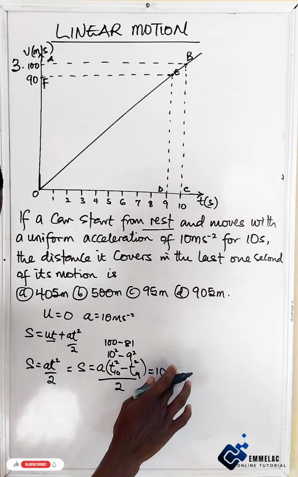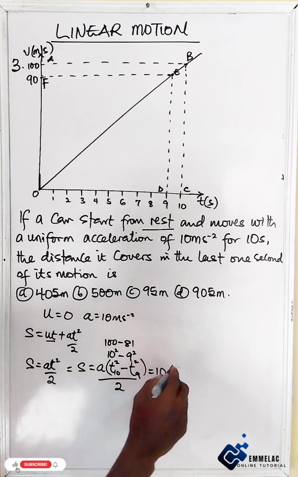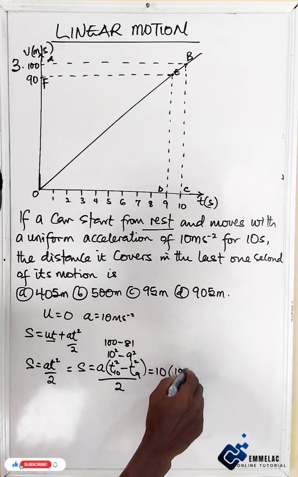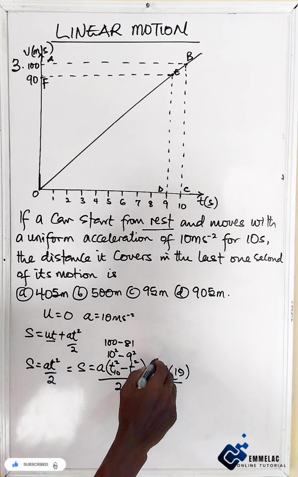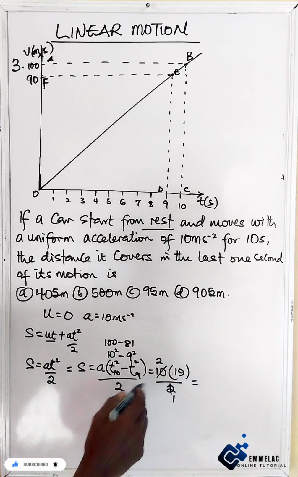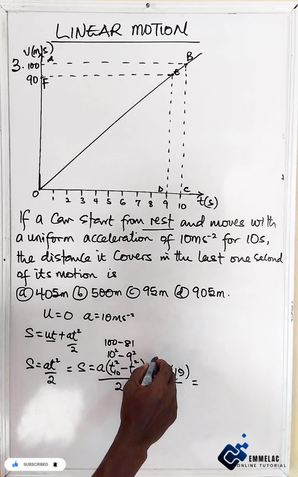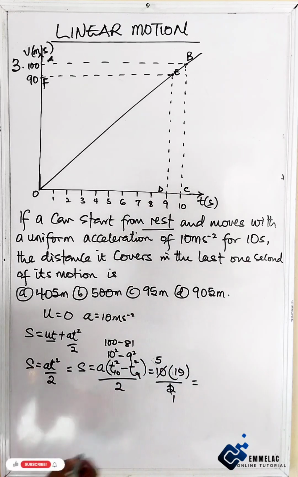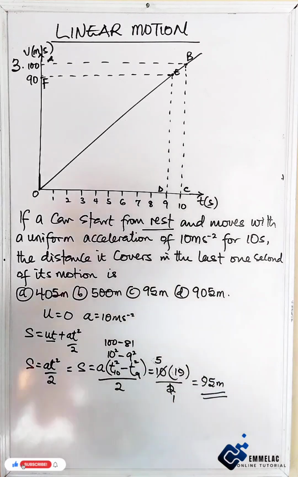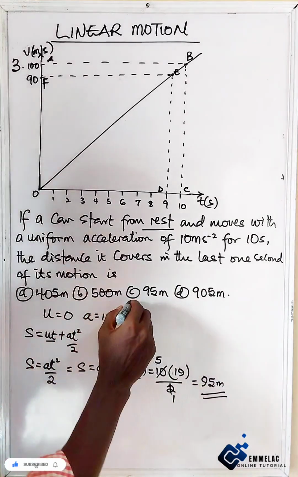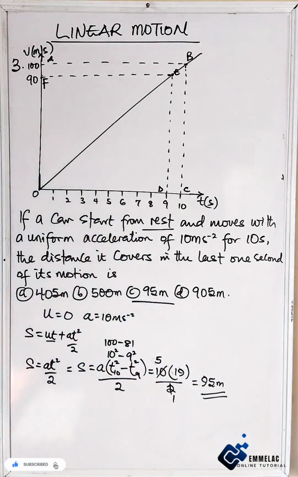We end up having 19 all over 2, and 10 divided by 2 is 5. So we end up with 95 meters. And C is the right answer for the question. Alright, thank you.